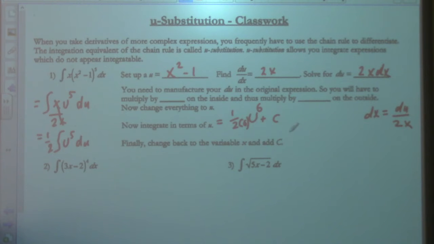So that looks like 1/12, right? And then we can just substitute back in x squared minus 1 to the 6th plus c. So this is the whole thing worked out here, okay? Is that what you got for it?